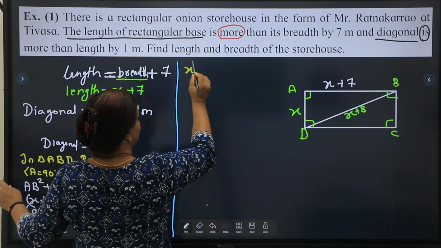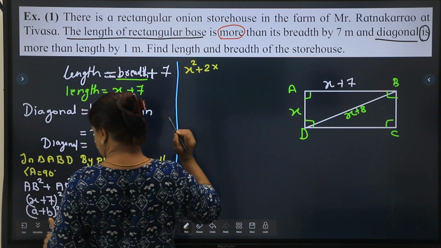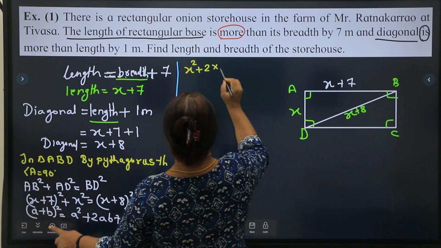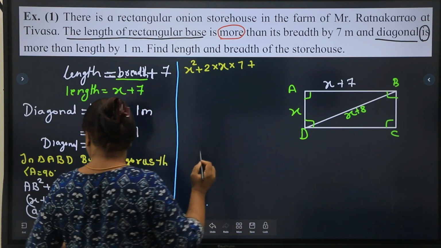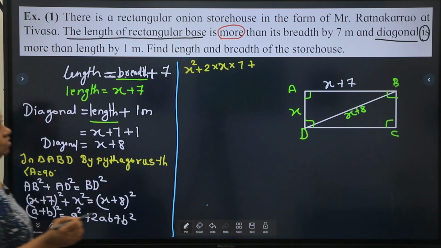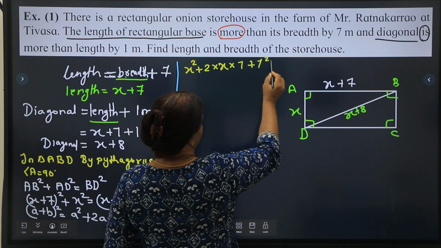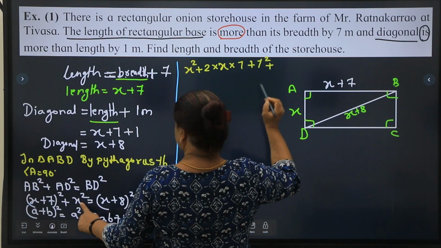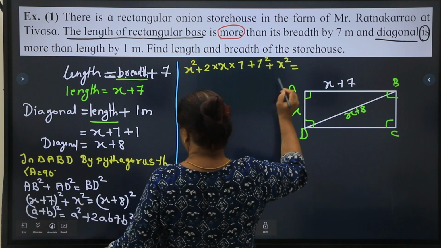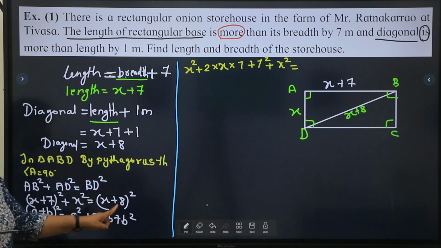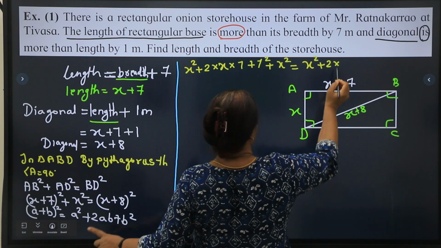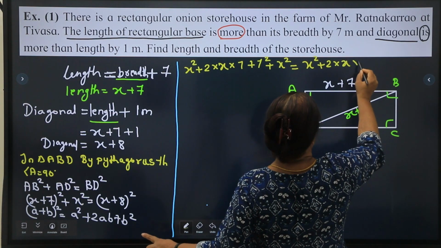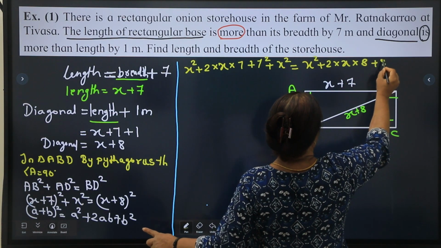So x square plus 2 into x into 7 plus 7 square, plus x square is equal to x plus 8 the whole square. Again with the a plus b the whole square formula, x square plus 2 into x into 8 plus 8 square.